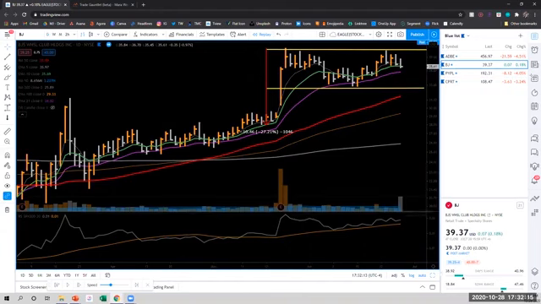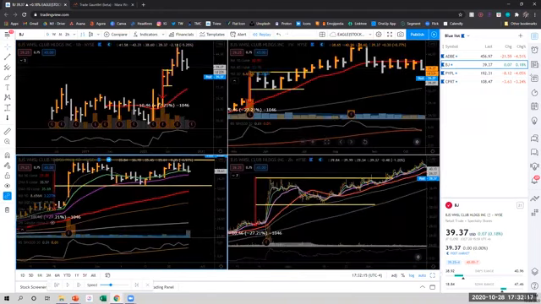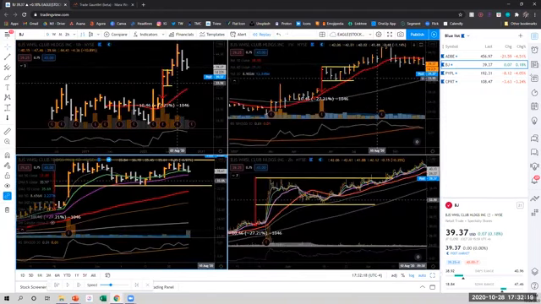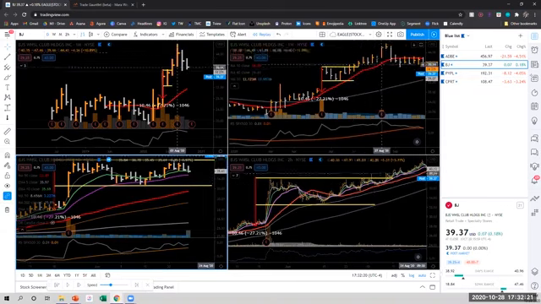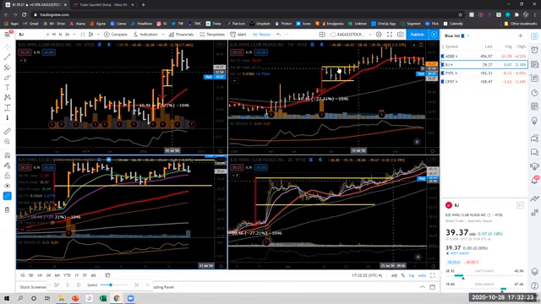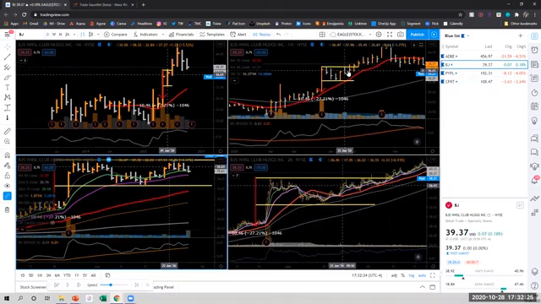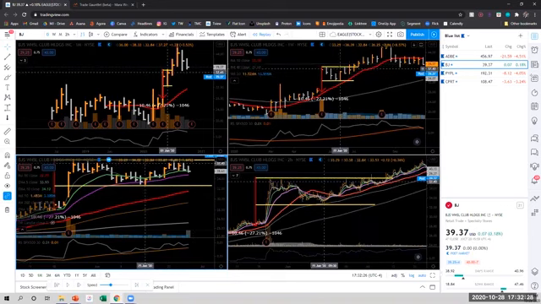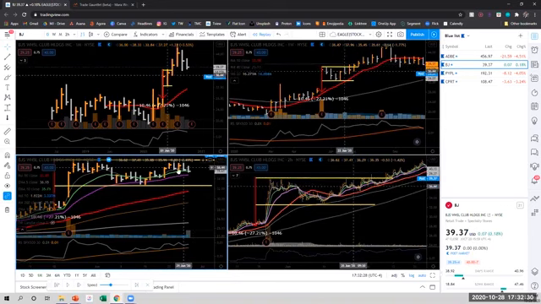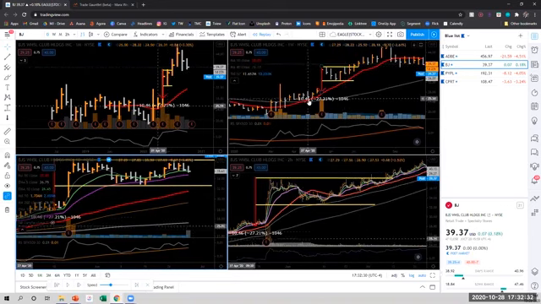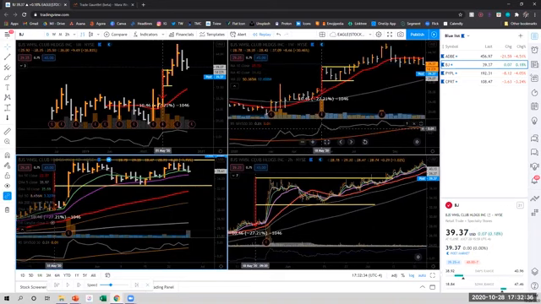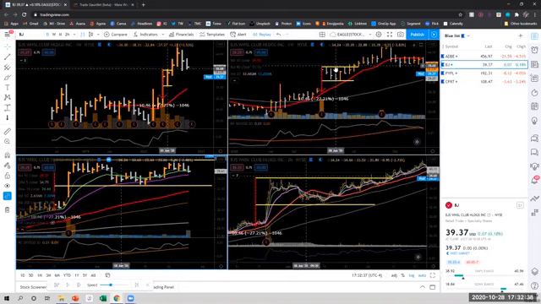All right, so now we zoom out, and we've still got it over here. So back here, this is where I would be starting to draw this pattern, and you would see the setup. You see that price is in an uptrend.